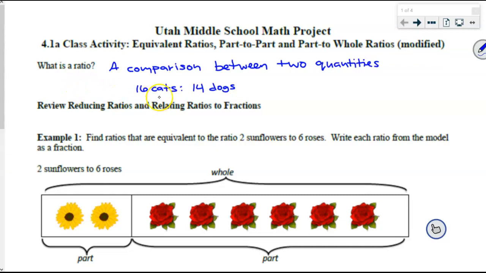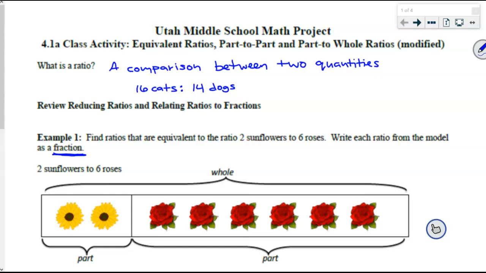So an example that's already come up is 16 cats to 14 dogs, which we can write as a ratio using a colon, just like we used to see in our lower grades. One of the things that I want you to see is that now that we're in 7th grade, we're going to write our ratios as fractions. When we write them as fractions, it makes it a little bit easier to manipulate them in ways that are familiar and comfortable mathematically.